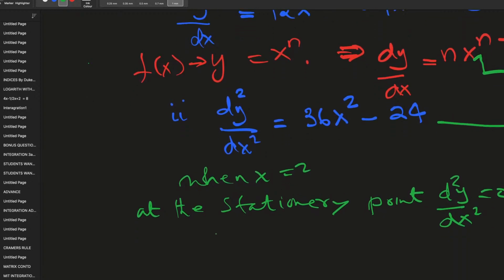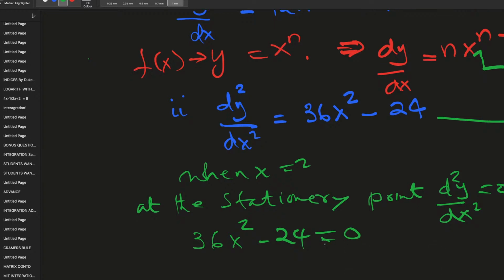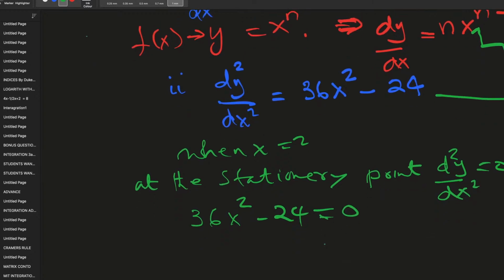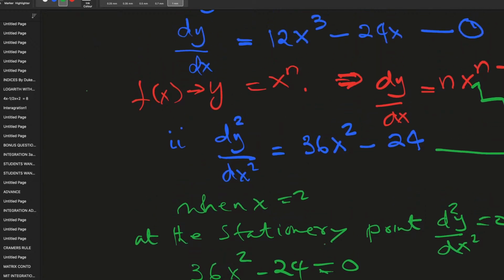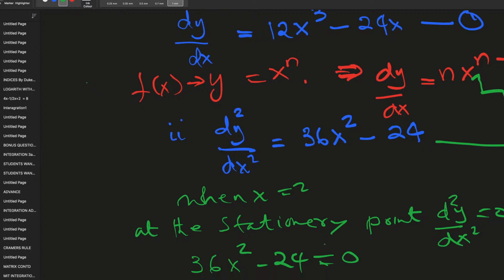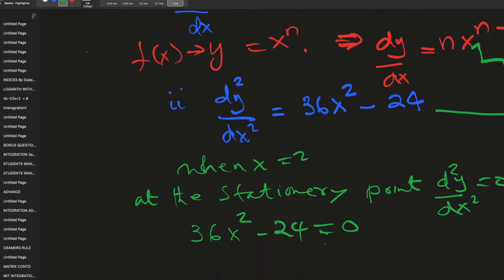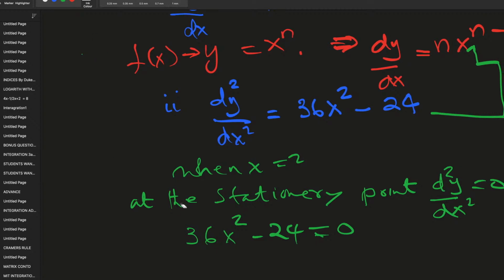So this implies that our 36x squared minus 24 must be equal to 0. Must be equal, no, sorry. It must not be equal to 0. Our turning point rather.